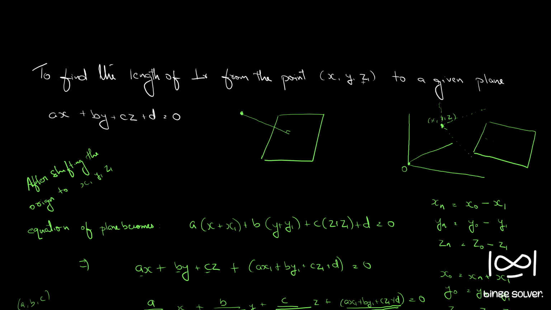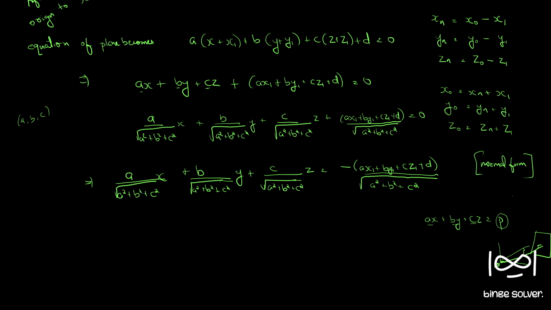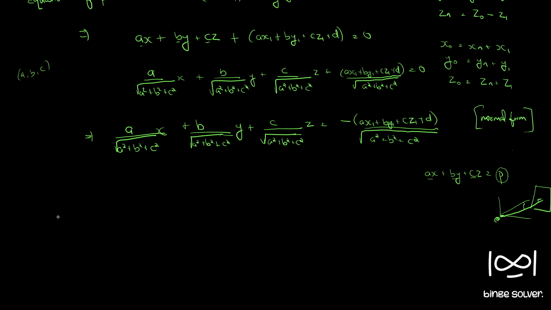That is the distance from x1, y1, z1 to the plane. So the distance we require, therefore, the distance from x1, y1, z1 to the plane ax plus by plus cz plus d equal to 0 is nothing but this one.